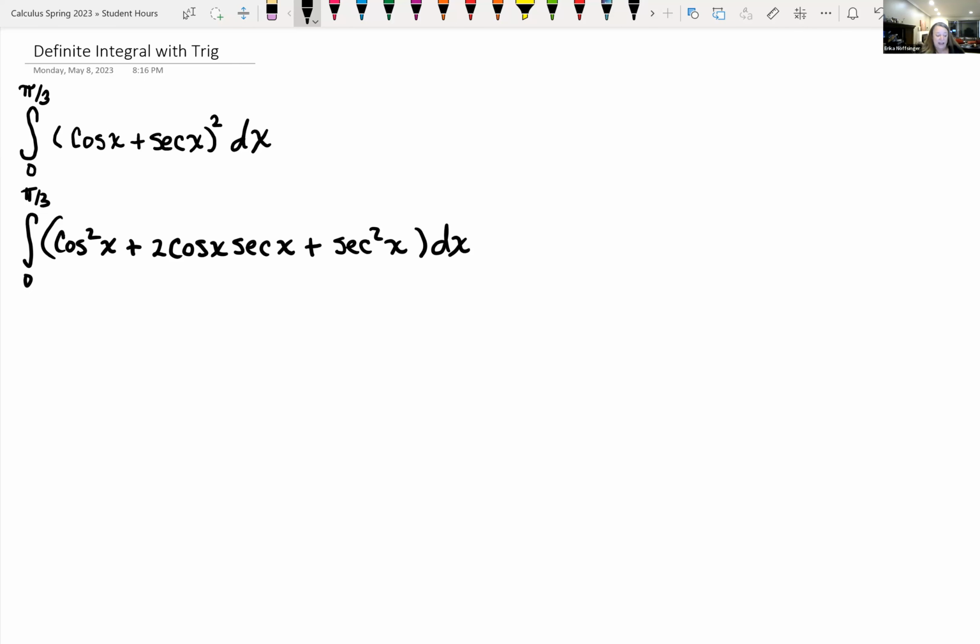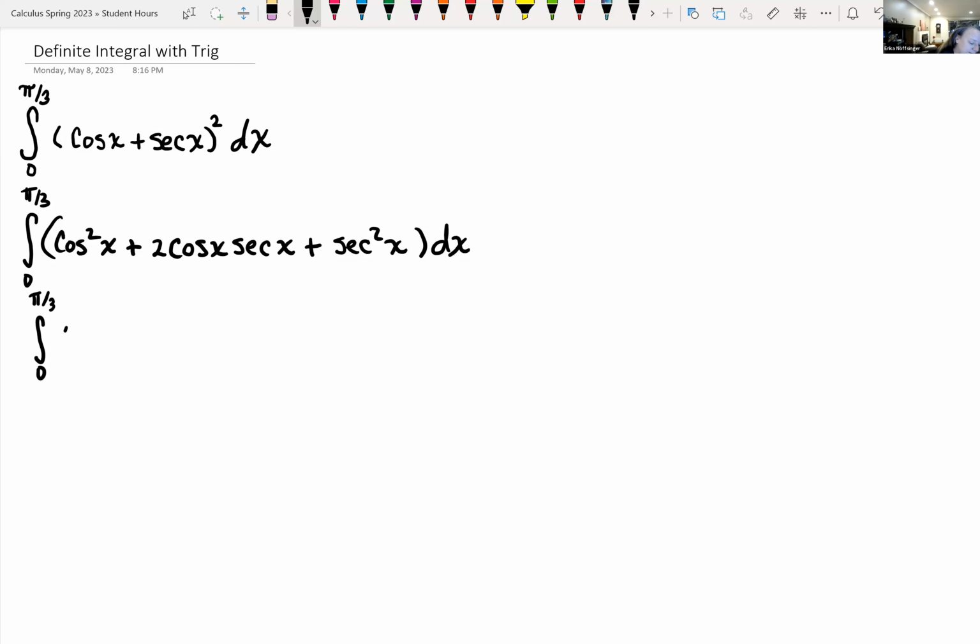I know what the antiderivative of secant squared x is, because I know that if I take the derivative of tangent x, I get back secant squared x. I also know that I could rewrite secant x as 1 over cosine x. So I can rewrite this a little bit.